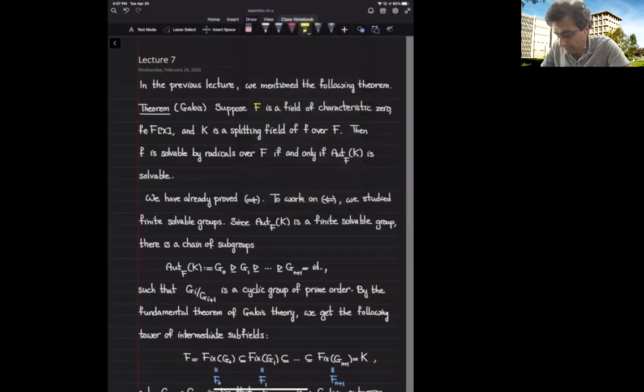If F is a characteristic 0 field and small f is a non-constant polynomial, and I denote a splitting field of this polynomial f over the base field capital F by K, then this polynomial is solvable by radicals over the base field capital F precisely when the group of automorphisms of the field K is solvable.